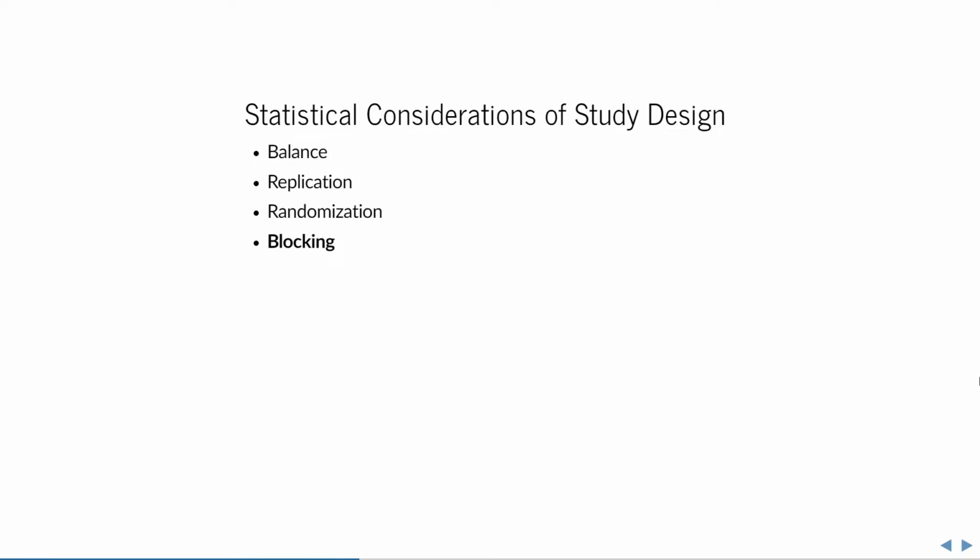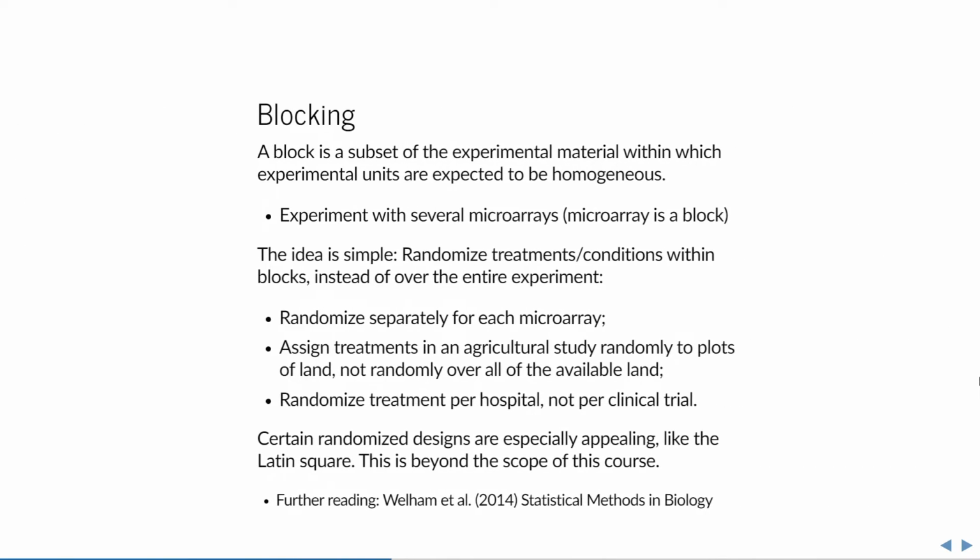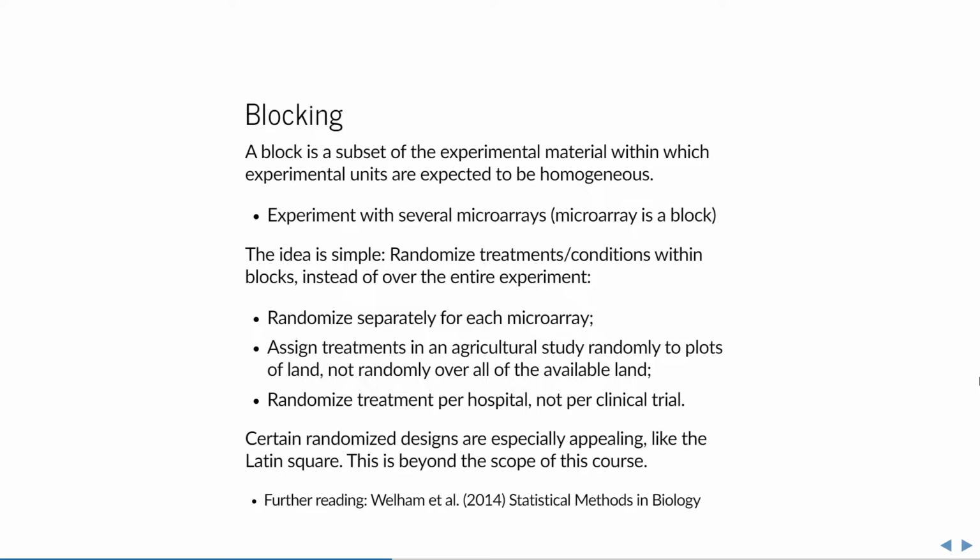Alright, we've covered balance, replication, and randomization. And now the last thing that is very closely related to the use of mixed models is the subject of blocking. So a block is a subset of the experimental material within which experimental units are expected to be homogeneous.